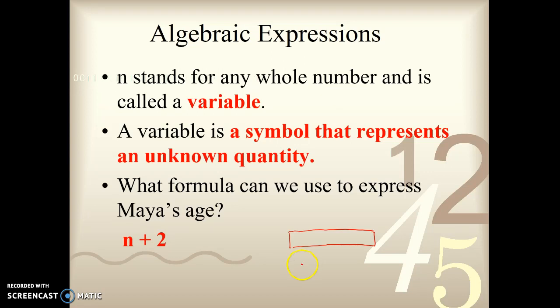Here's what this looks like modeled. If this is Maya's age, so the whole bar graph is Maya's age. This is Vivian's age right here, which we already decided was n.